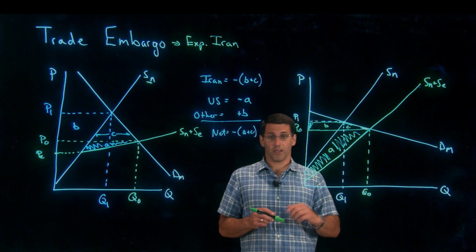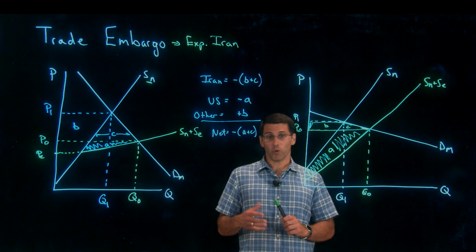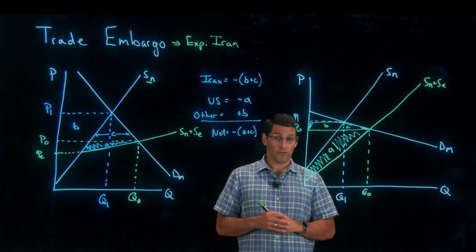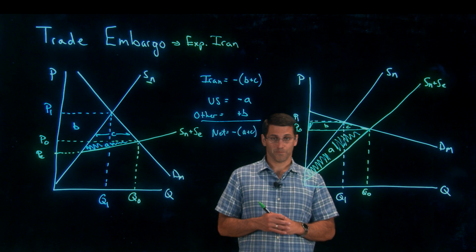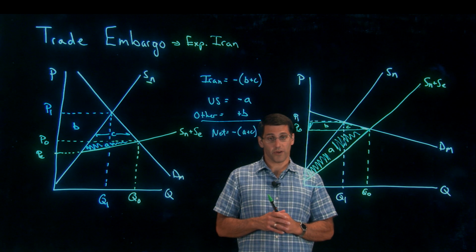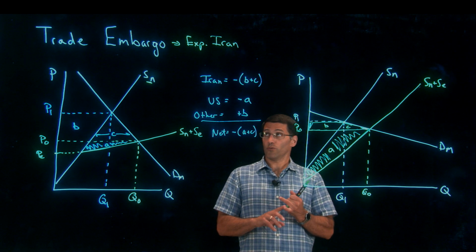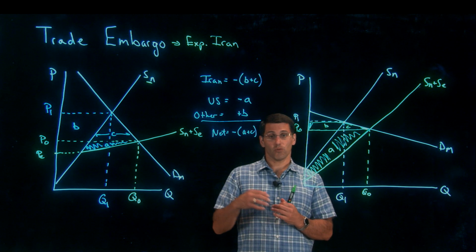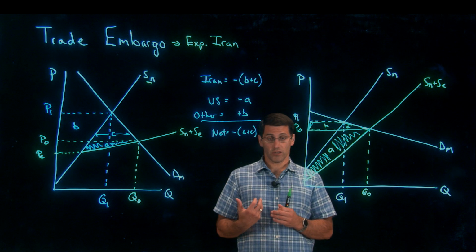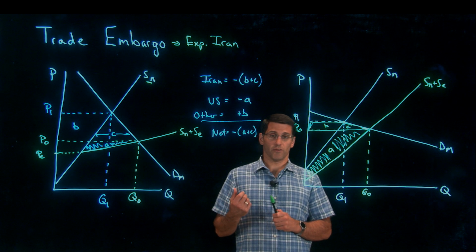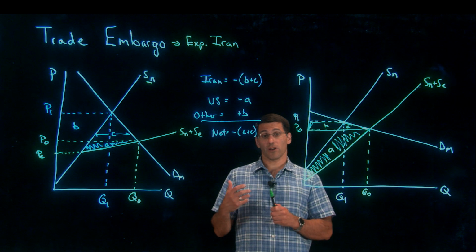Can Iran get these goods elsewhere at competitive prices? And if so, the embargo is not going to be very effective from an economic standpoint. Again, in class, what I want us to really think about are a couple other factors, including what if, instead of an embargo on exports to that country, we look at exports from that country? And the other thing we want to think about is the political failure of embargoes even when they are economically successful.